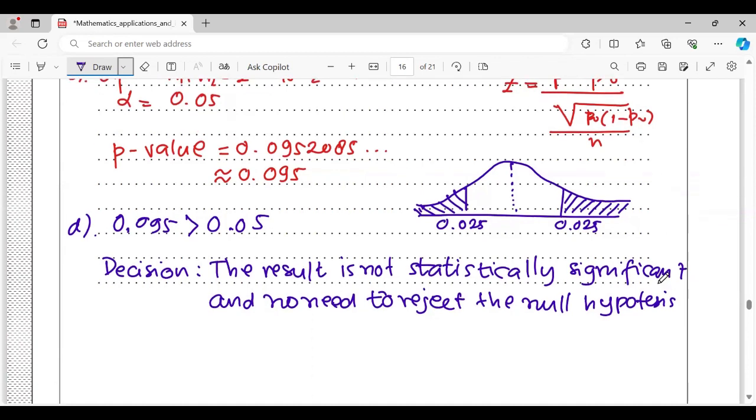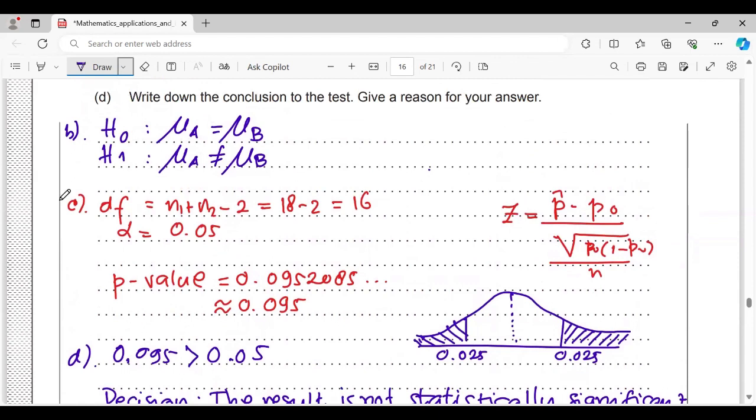It means accept the null hypothesis and reject the alternative hypothesis. Okay.